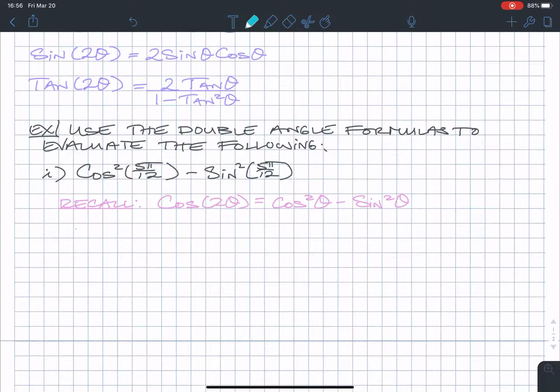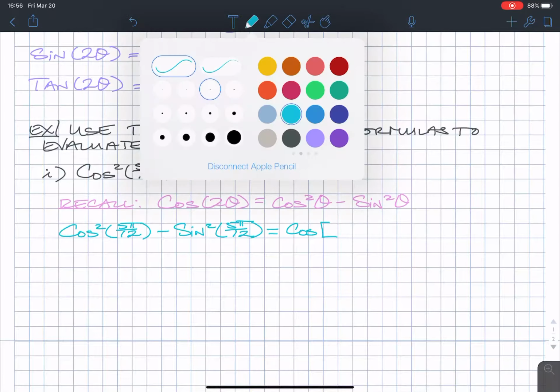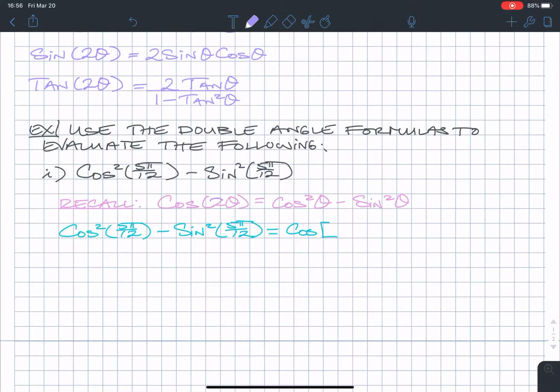So we were given cosine squared of 5 pi over 12 minus sine squared of 5 pi over 12. So according to the rule above, that's going to be cosine of twice the angle 5 pi over 12.